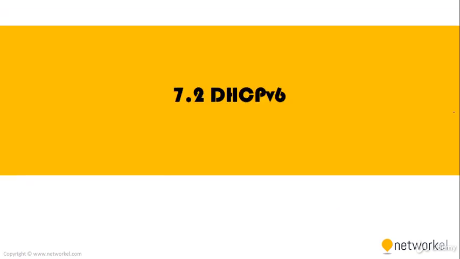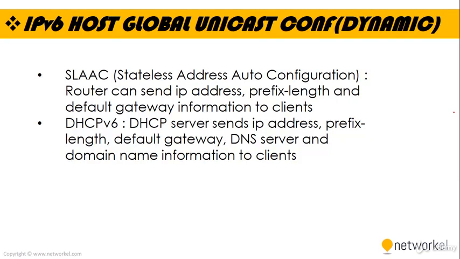Let's go ahead with DHCP version 6. IP version 6 prides itself as a protocol that supports many dynamic plug and play functionalities. As a result, there are multiple ways to assign IP addresses in IP version 6. To configure an IP version 6 host global unicast address, we have two options, and they are SLAAC and DHCP version 6.